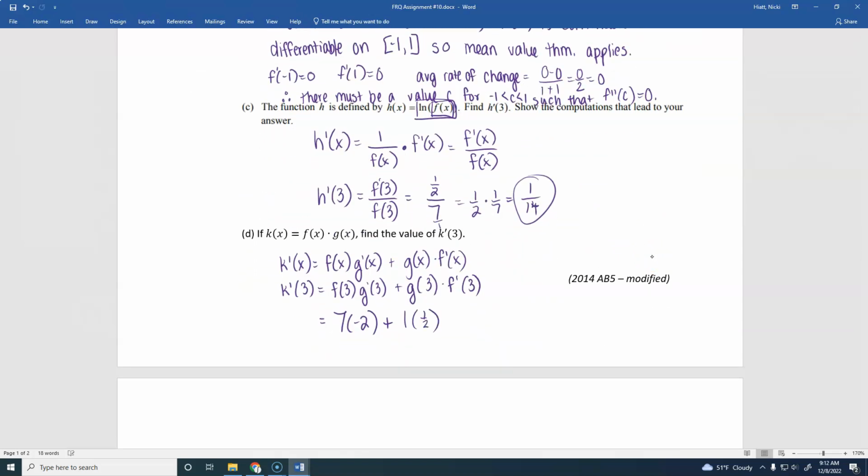And so, I mean, really, honestly, it's probably a good idea to leave it here on the AP exam. I have a hard time doing that. So you got negative 13.5, but you could leave it here. Because if you make a mistake, it could cost you a point.